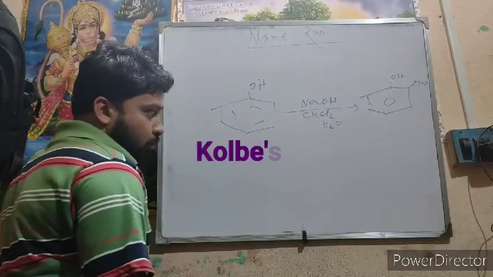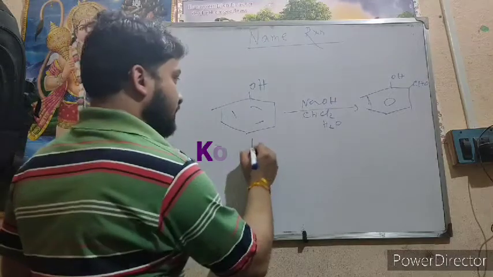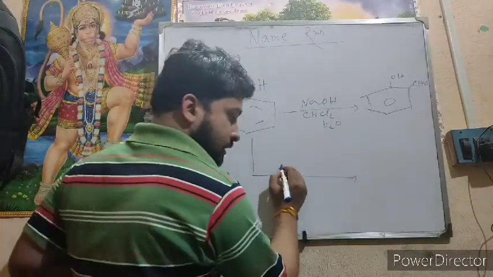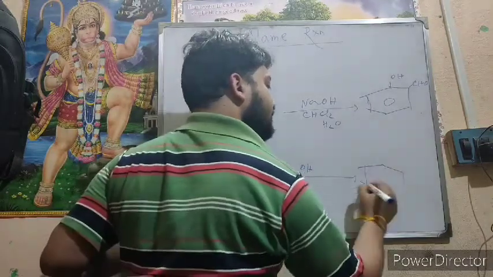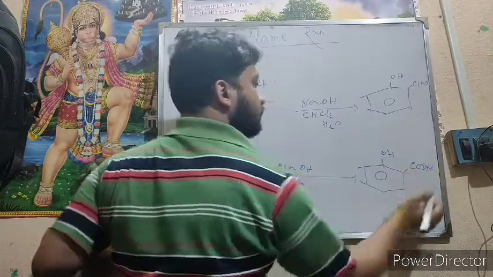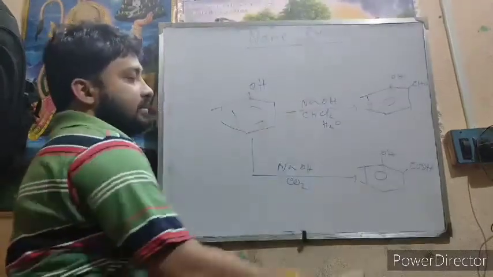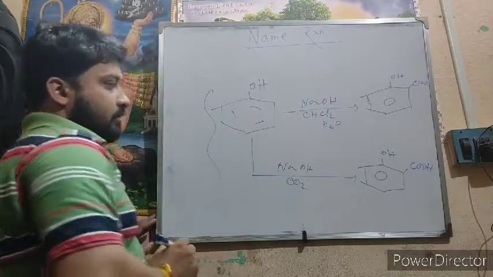Now the next reaction is Kolbe reaction. For Kolbe reaction you can write NaOH and CO2, and the product is salicylic acid. This is a rearrangement reaction, this is Kolbe reaction. The mechanism is very important for those two reactions.